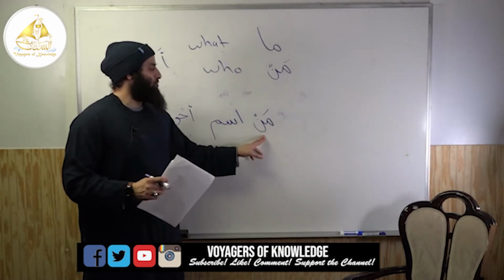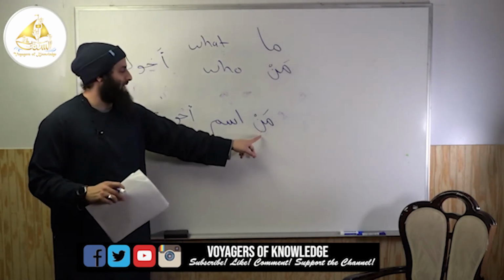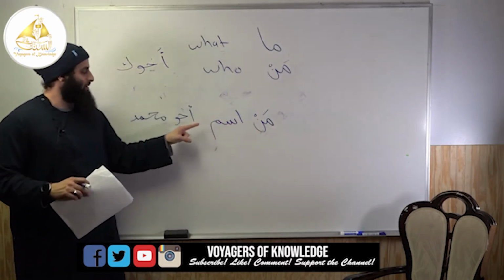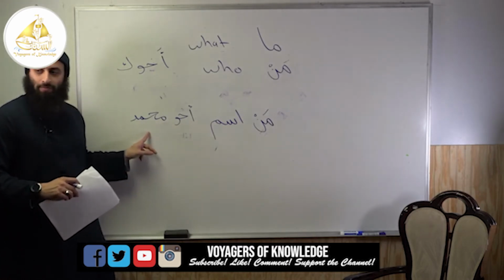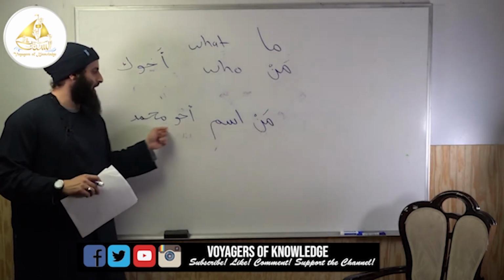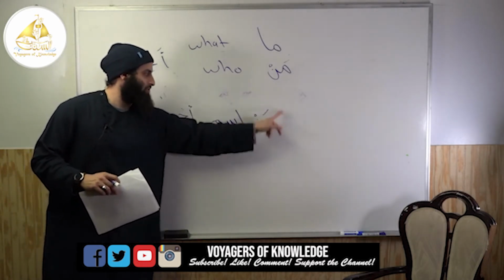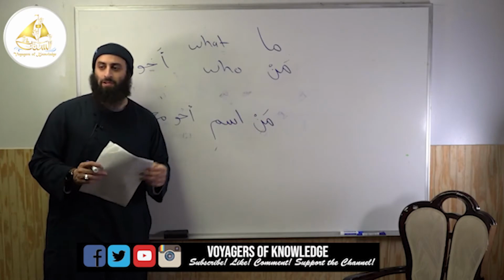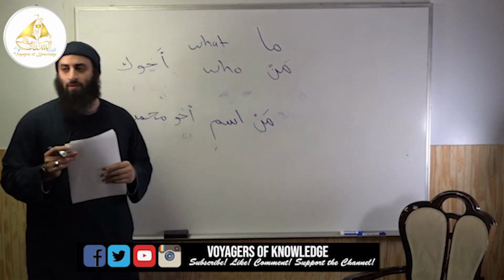This is now who instead of what. So right now, what's being asked is whose name, Muhammad's brother. Instead of what is Muhammad's brother's name, it's whose is Muhammad's brother's name. So I couldn't give you points because you used men instead of ma, because men was not being used properly. If it becomes whose, then you add lam to man, right?